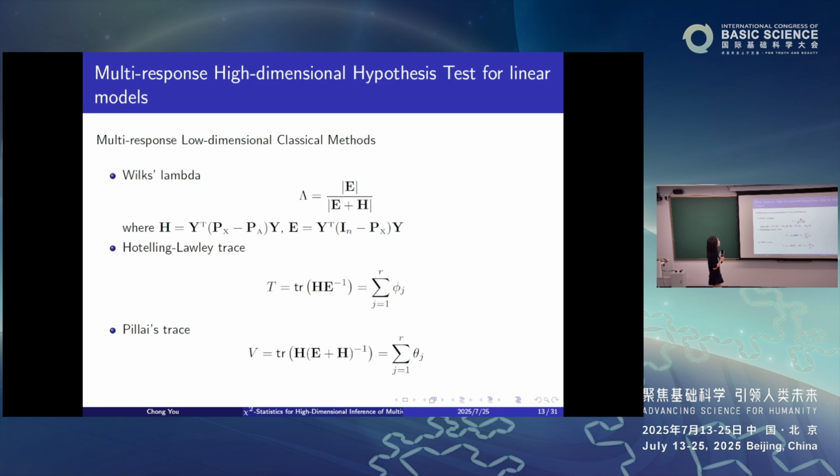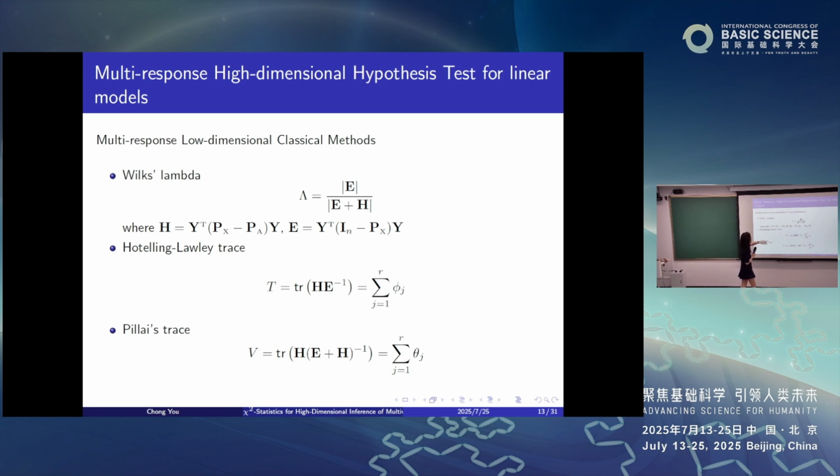Again, I introduced some classical methods because we're going to use them later on. So those three methods are all classical popular methods in the low dimensional multi-response case. Wilks lambda is basically the analog to the likelihood ratio test in the uni-response case.